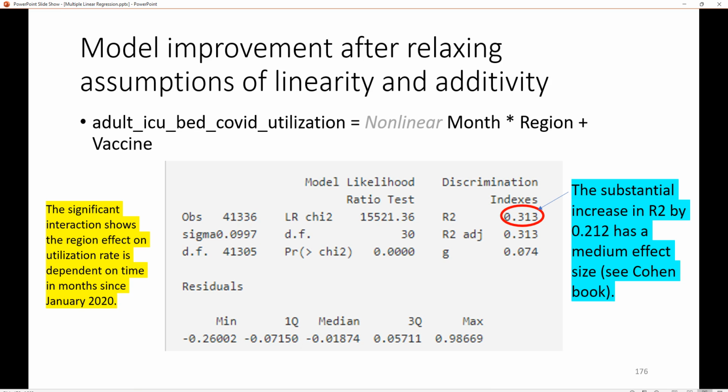Instead, what we do have is just surges or cycles, and so it would make sense that we include regression terms that account for those two occurrences of nonlinearity and an interaction between regions over time. So we benefited from modifying our model, and we have an R-square that is now triple what we originally started with.